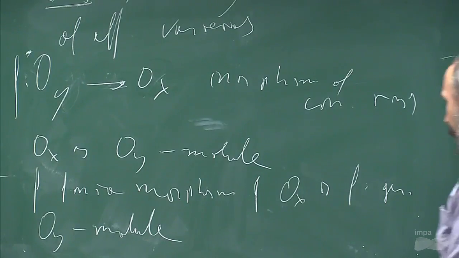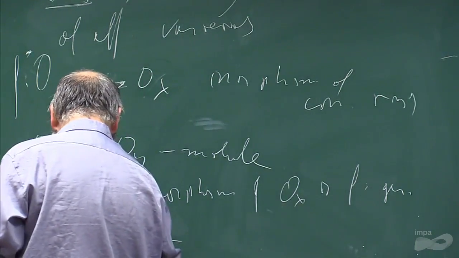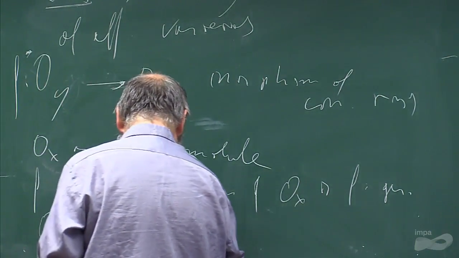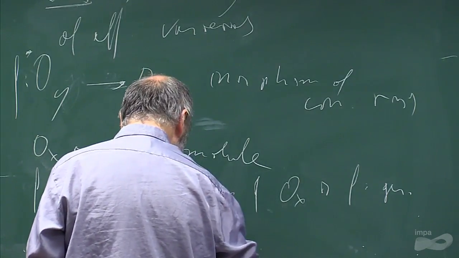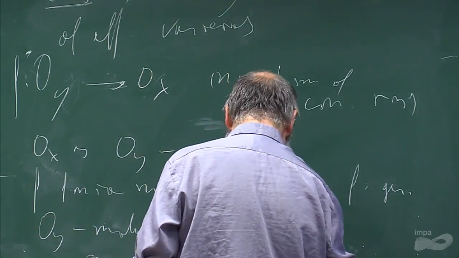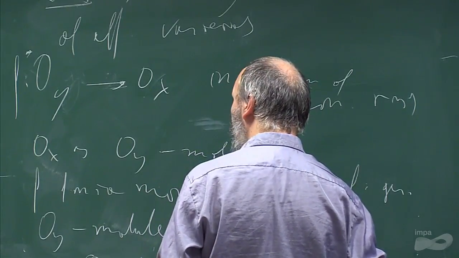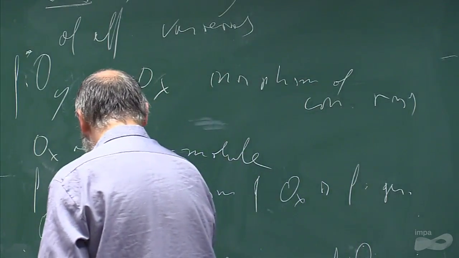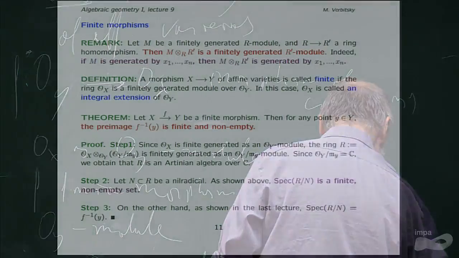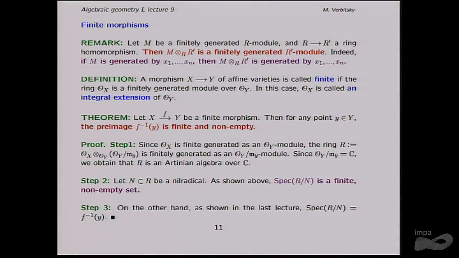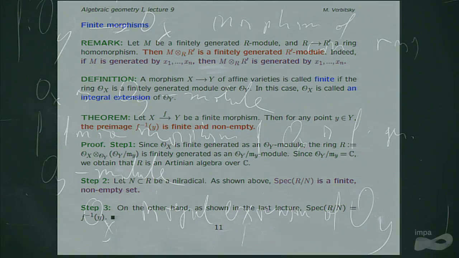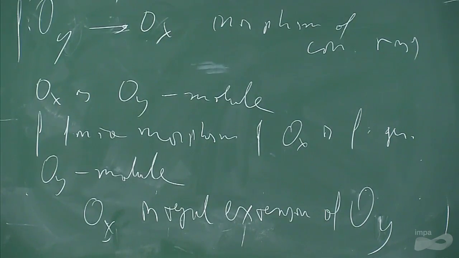In that case, O_X is also called an integral extension of O_Y. So an obvious example of an integral extension is just a finite extension of fields.